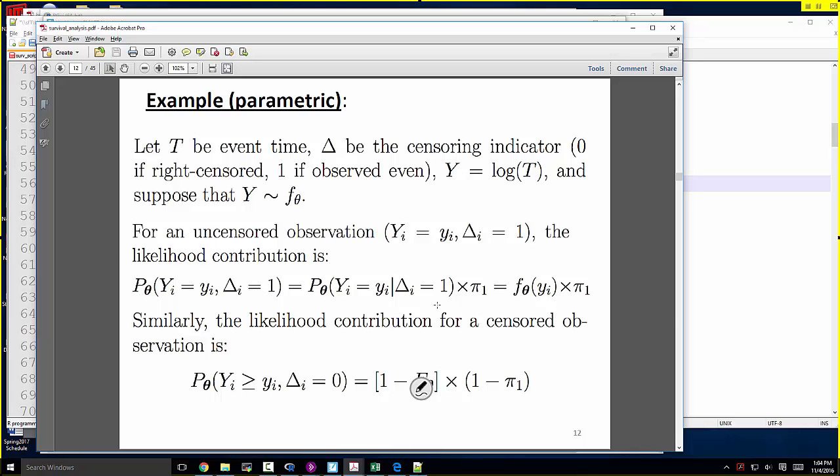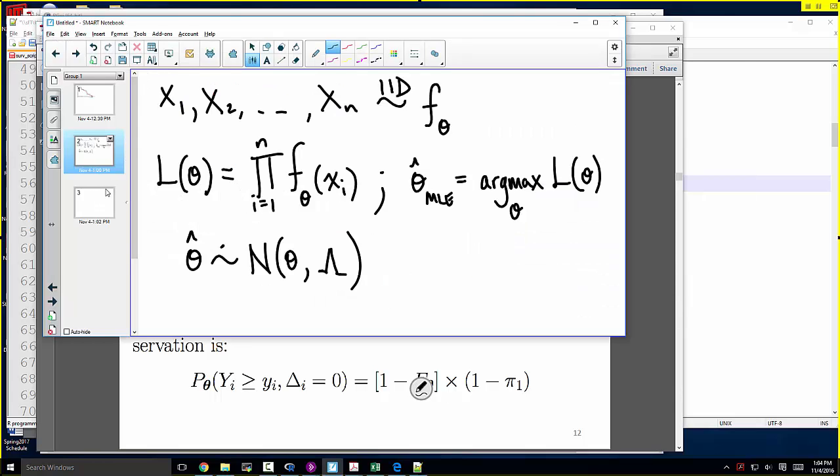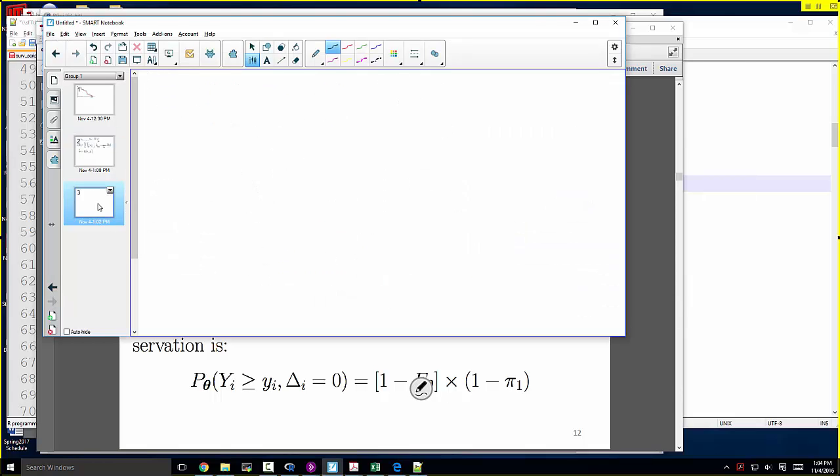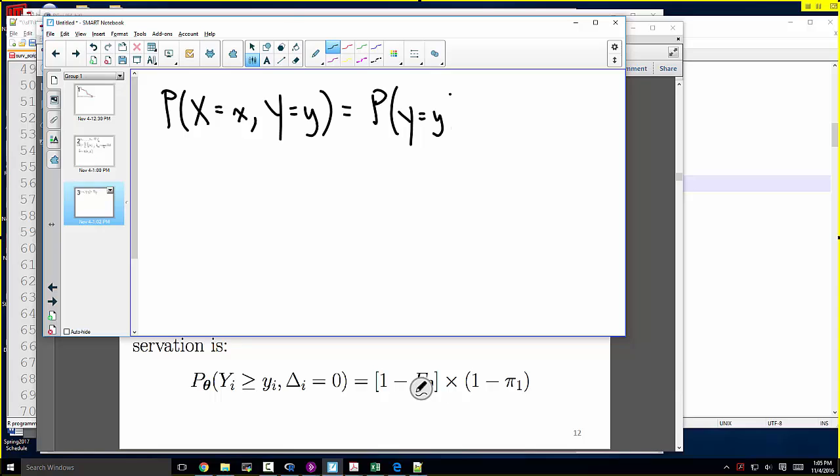And with joint probabilities, if we recall basic probability theory, the probability that x equals little x and y equals little y is equal to a conditional probability, y equals little y given x equals little x, times a marginal probability. Just for any two random variables x and y, a joint probability can be written as a conditional times a marginal.